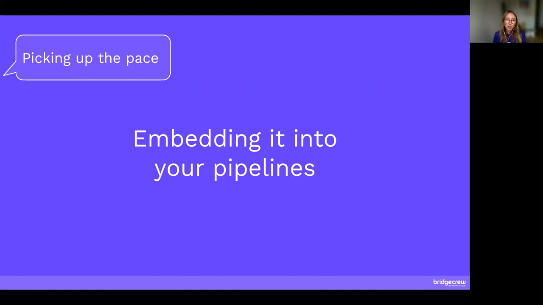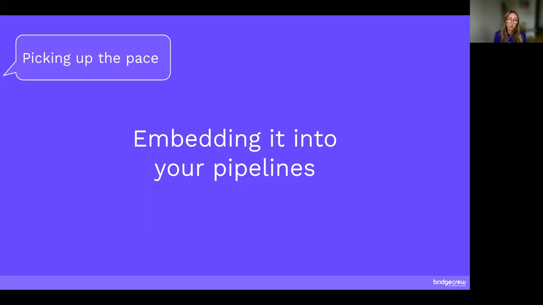So how do we embed it into your CI/CD pipeline? There's also lots of commercial tools out there, including Bridgecrew, that have native VCS or SCM integrations that give you checks on commits, on pull or merge requests, so that you're surfacing that feedback where developers are spending their time.